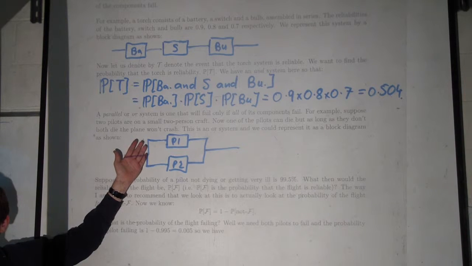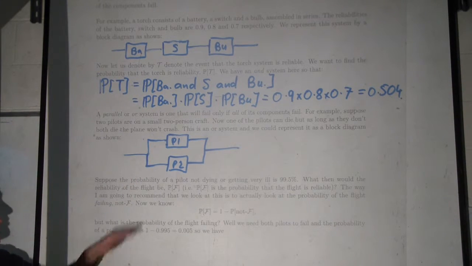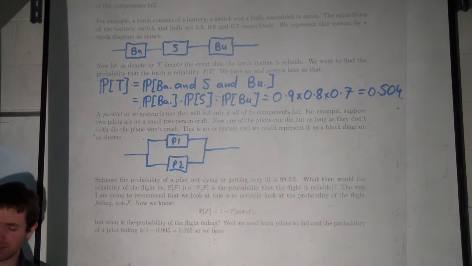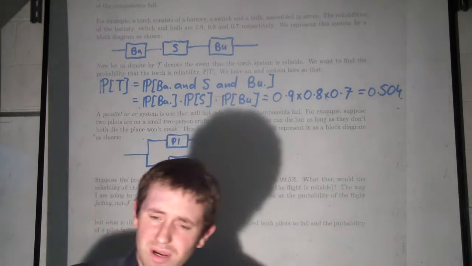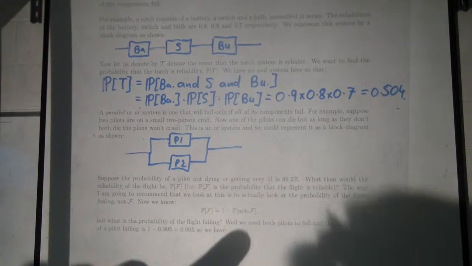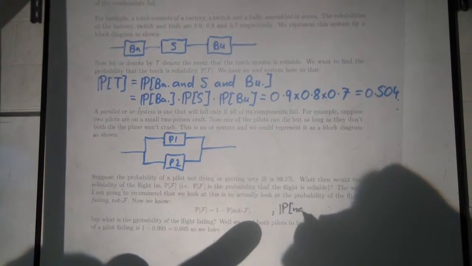If you know the probability of failing is 10%, what's the probability of it being reliable? 90%. So for parallel systems, you're going to set it up a different way. Instead of calculating the probability that it works, you're going to look at the probability that it doesn't work. This is a little bit confusing, but what you have is the probability of it not working.